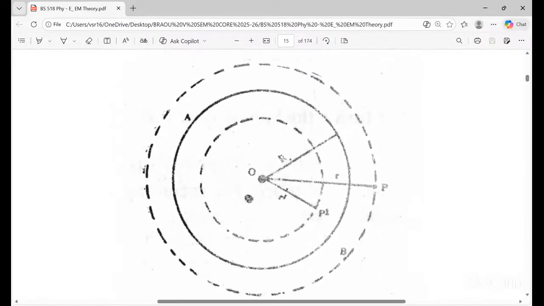One figure tells that, see here, this is the sphere of radius capital R. O is the origin. There is a plus charge due to this line of force. Here, this is the outside. This is the inside. This is the R.